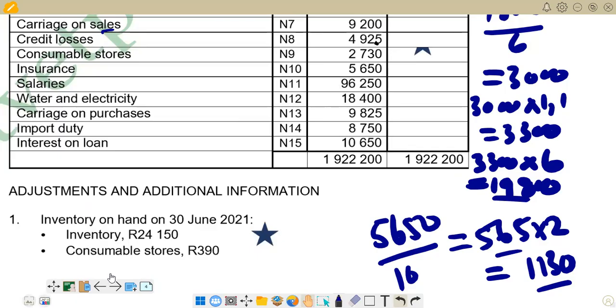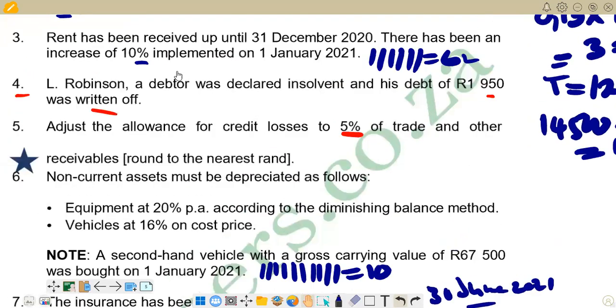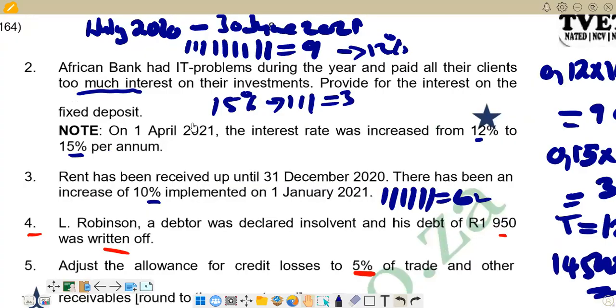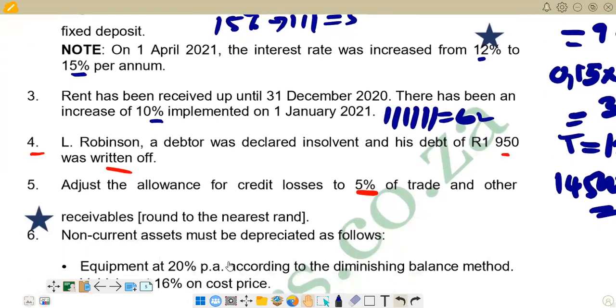Then we check on additional information if we have anything to do with salaries. So let's start from the beginning of the additional information. Here we go down to check if we've got anything that is to do with salaries. We are not seeing anything there. We go down.